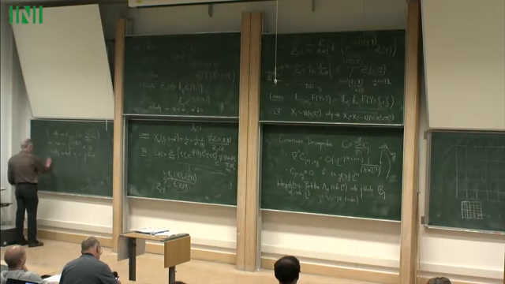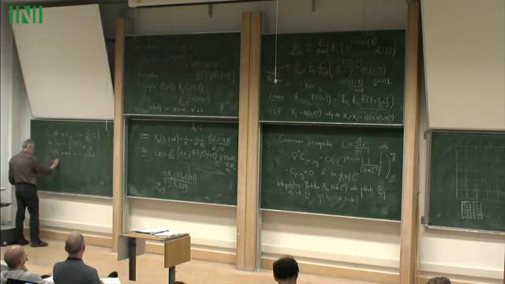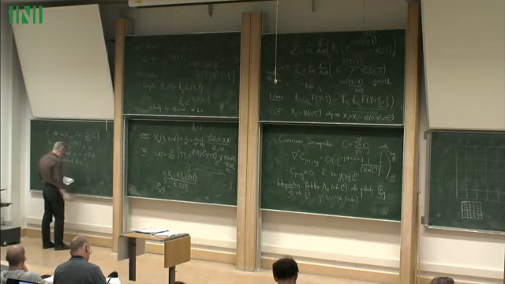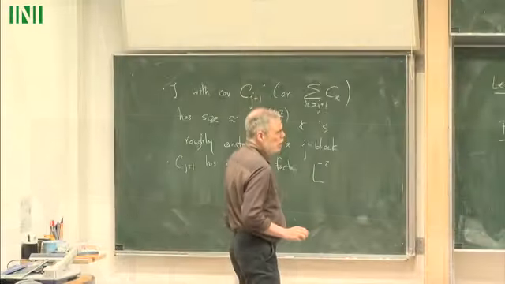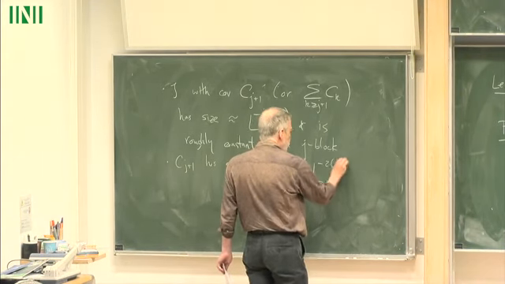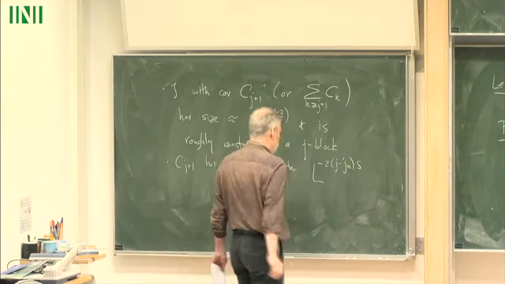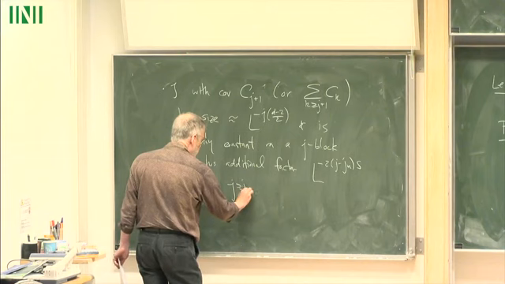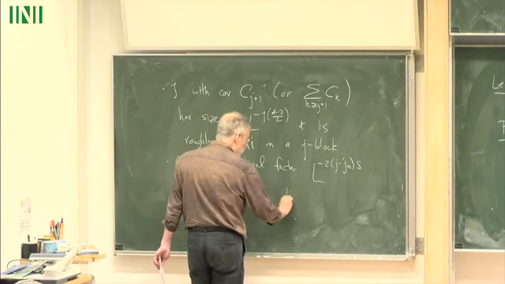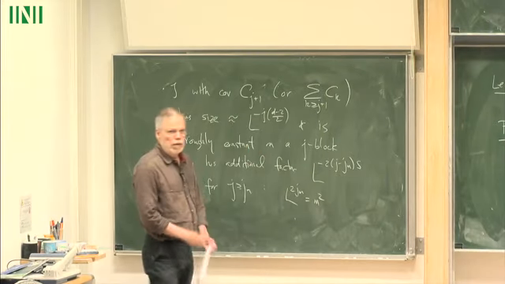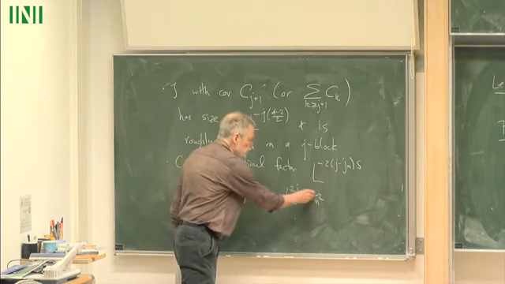So C_{j+1} has an additional factor, L to the minus 2 times (j minus j_m) times s, for j greater than or equal to j_m, where L to the 2j_m is m to the minus 2.